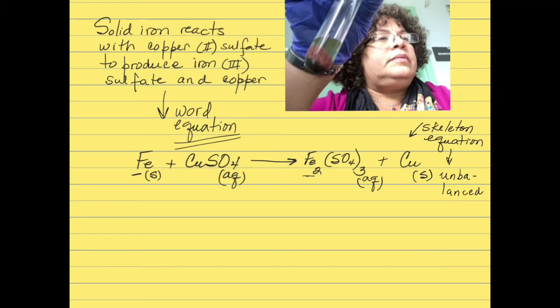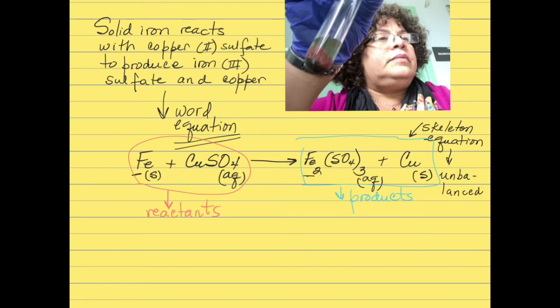You know that on the left side of the equation you're going to find the reactants, and on the right side you're going to find the products. And that's the skeleton equation describing your chemical change, but it's unbalanced.